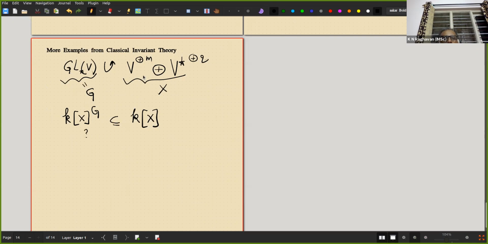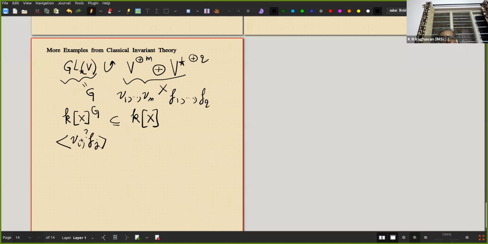And the answer is the following. You have these v1, ..., vm, and f1, ..., fq as elements here. So you can take these inner products, vi, fj.